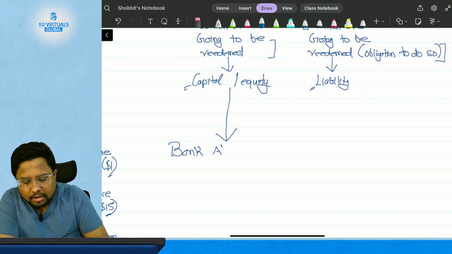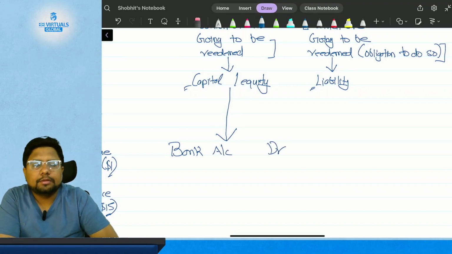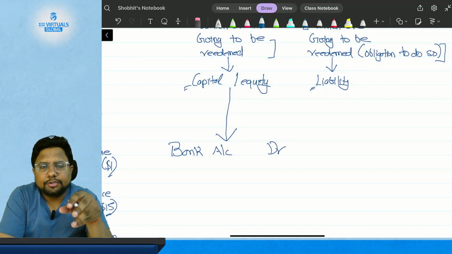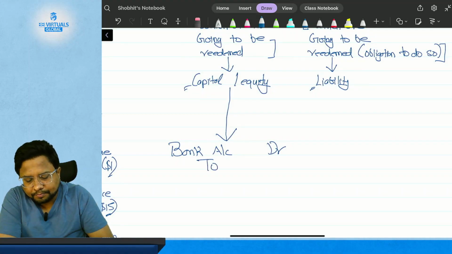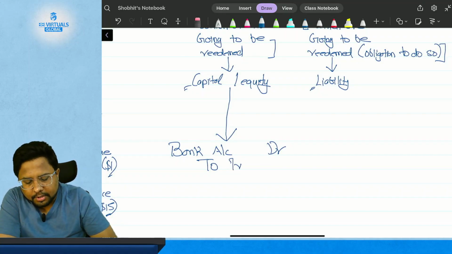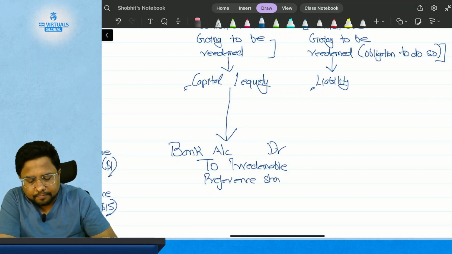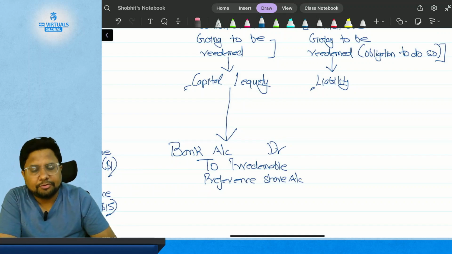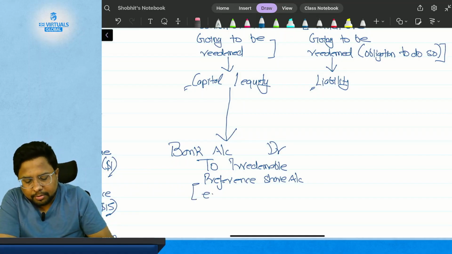bank account debited to, or to be specific, irredeemable preference share account, which is classified under the heading of equity or capital.